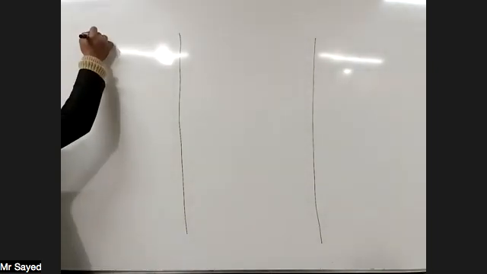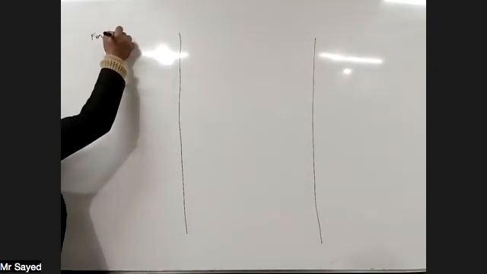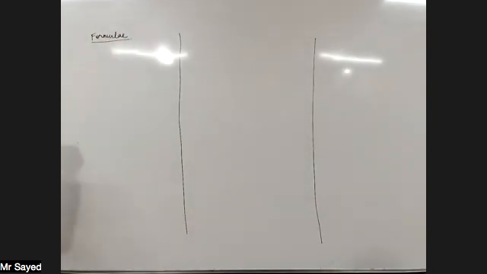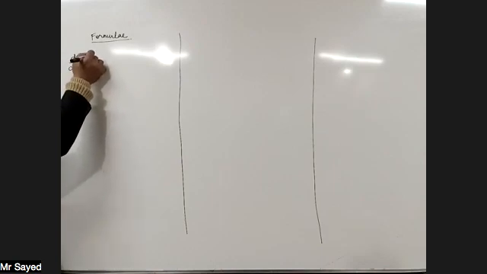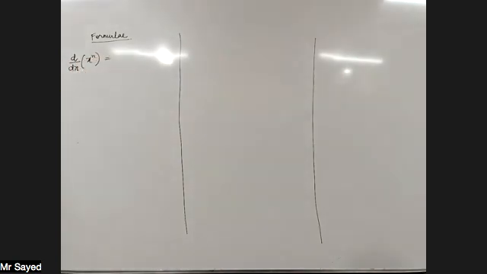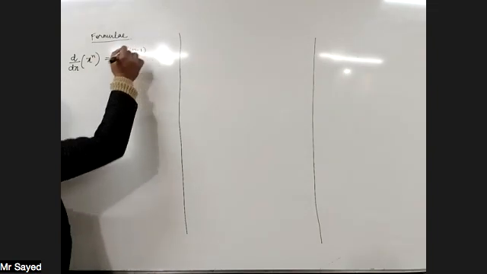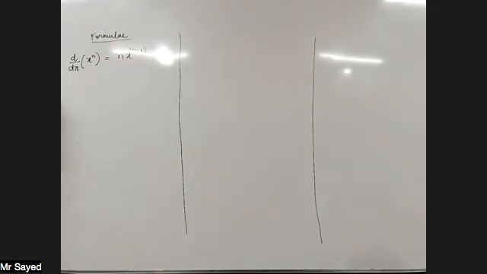The first thing is the direct form. These basic results in differentiation: d by dx of x to the power n, that is when we need to differentiate x raised to the power n, it becomes n x raised to the power n minus 1. We will be doing the derivation of all these results.